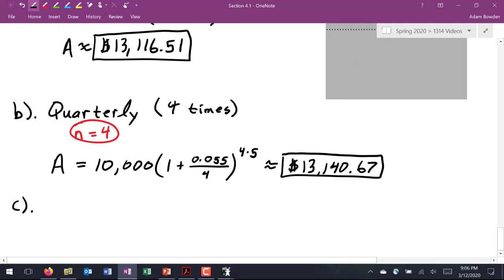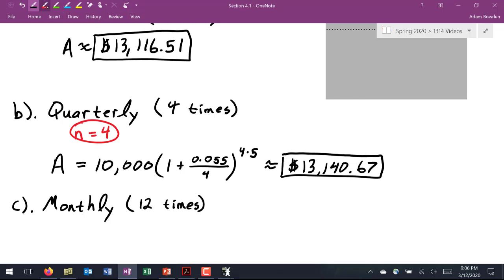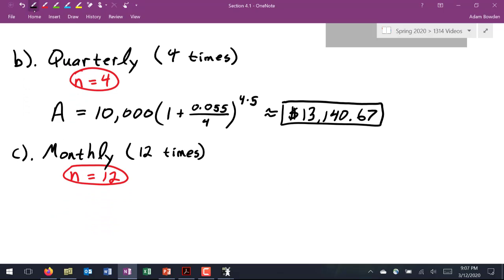Now we can continue to increase the number of times compounded, going all the way up to monthly, which in that case we're talking about now 12 times a year. And in that case, n would be 12. And so let's do the calculation and see if it really makes a big difference in the amount of money.